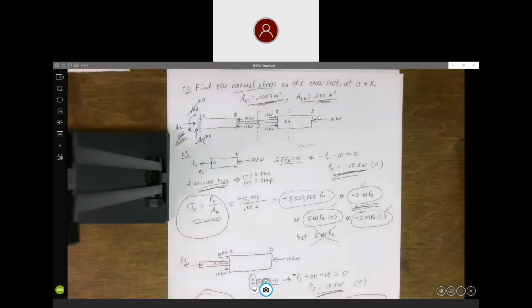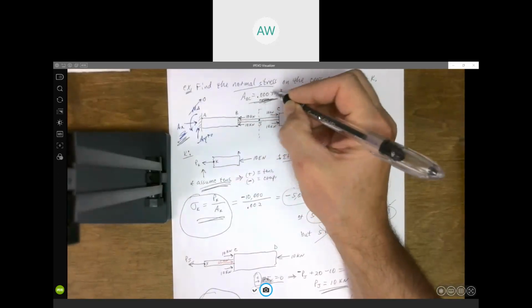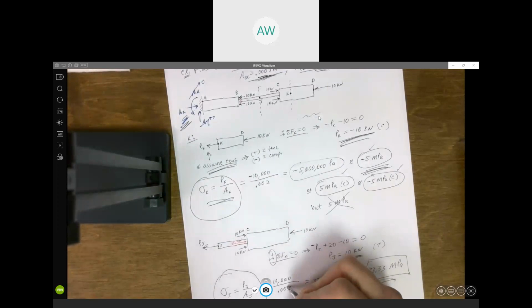And I got a question on chat asking, should it be 3.33? I don't have my calculator with me. My battery died in my calculator. But if you take 10,000 and divide by, oh, that's because I left out a zero. Good catch. The area here is 3 zeros, and I just wrote 2 here.